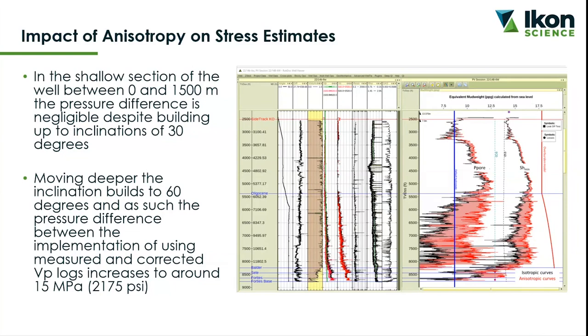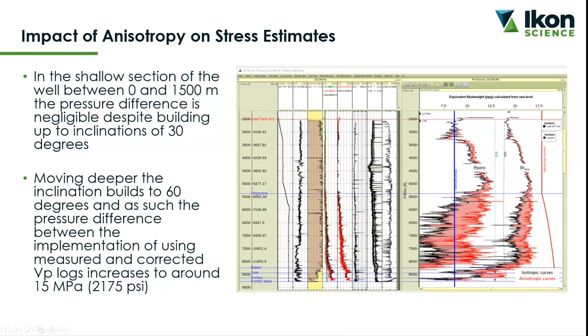This is an example from a North Sea well, where we do have a significant section drilled at high angle. This is the same well that we looked at a little earlier, and the velocities are significantly higher through that zone because of anisotropy.